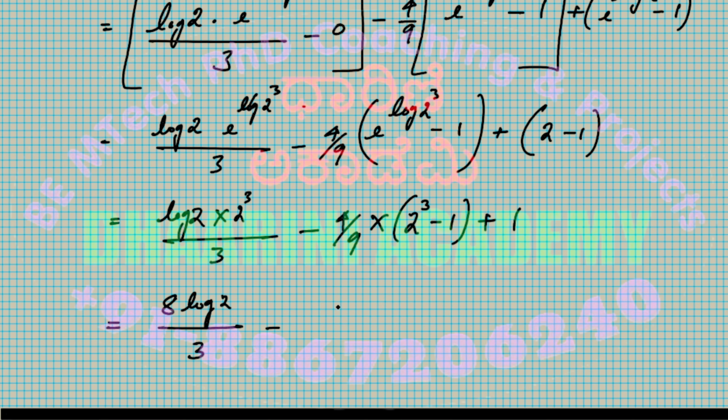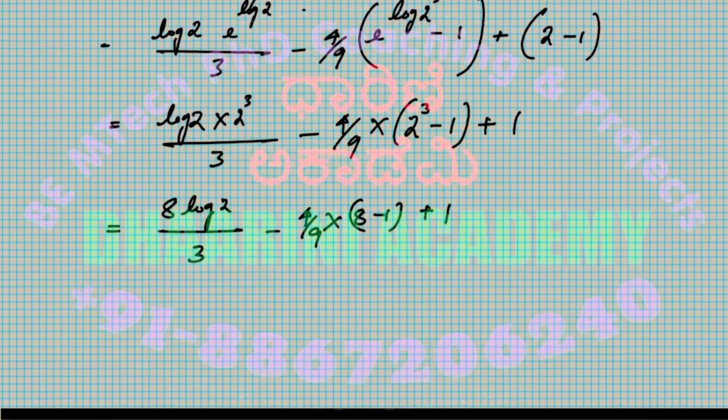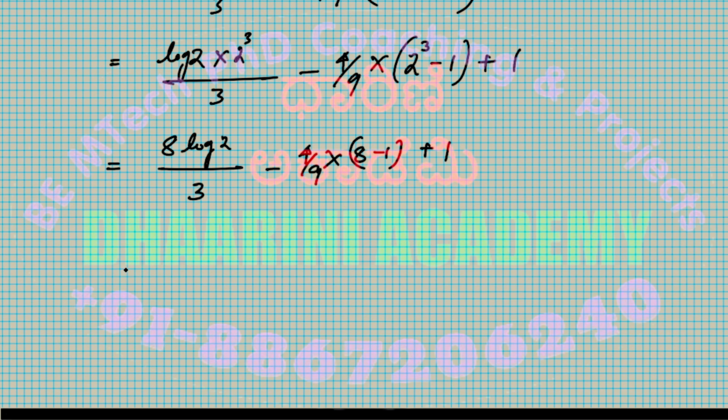By 3 minus. Then I substituted 4 by 9 into 2 cube minus 1, that's 8 minus 1. I think we cannot further reduce the first term. Okay, we'll keep this as it is. 8 log 2 by 3 minus, now 8 minus 1, 7. 7 into 4, that is 28 by 9 plus 1.